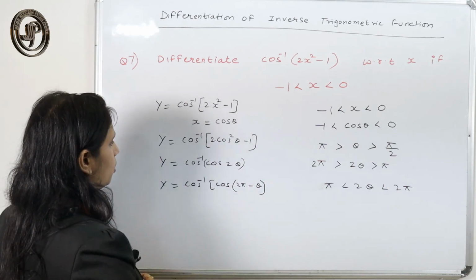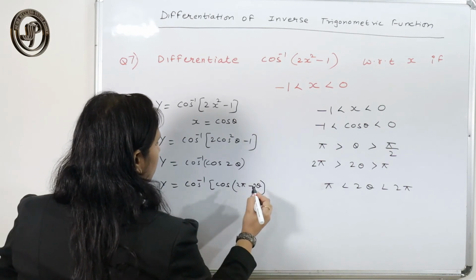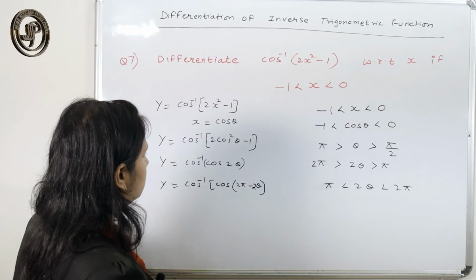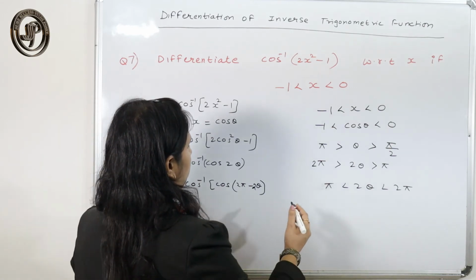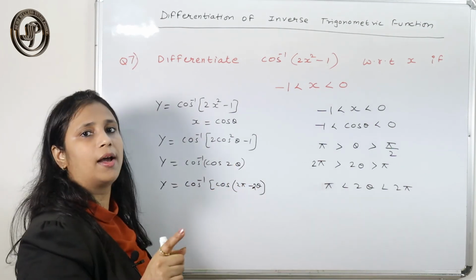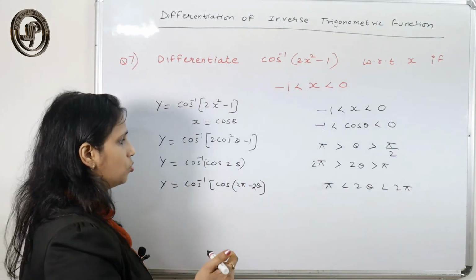So just check with this 2 pi minus 2 theta. Just check whether the things come under the range or not. So what we have to do is change 2 theta to 2 pi minus 2 theta.